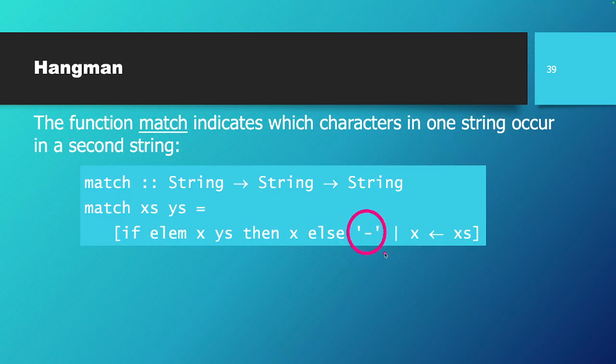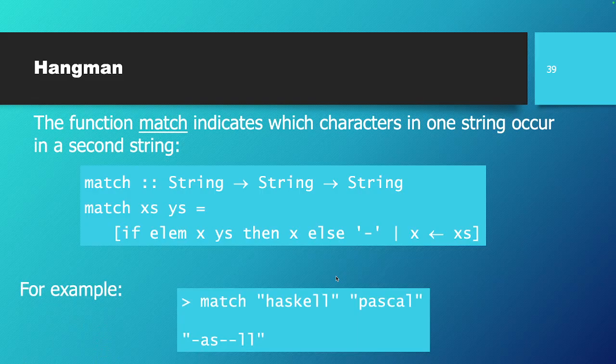Otherwise, dash. And do this for every single one. So what you're doing is you're producing a string that will either have the letters of the first one or nothing. So we'll just see how this is called then.